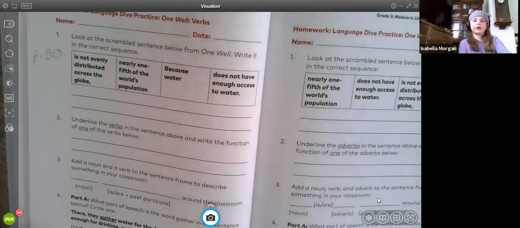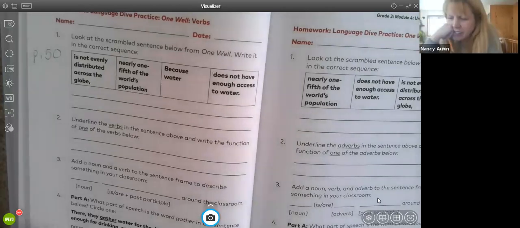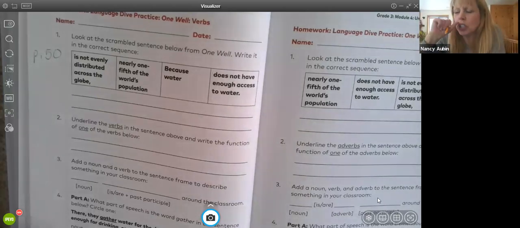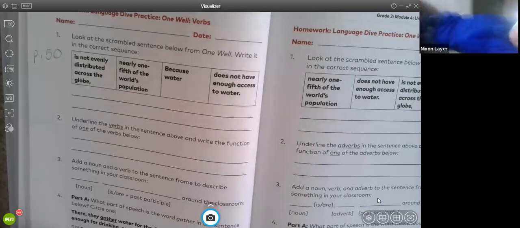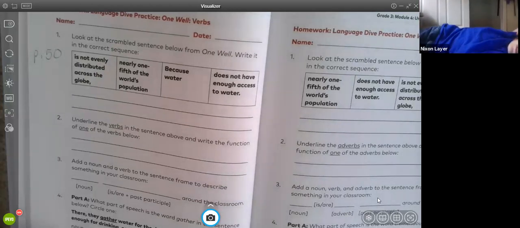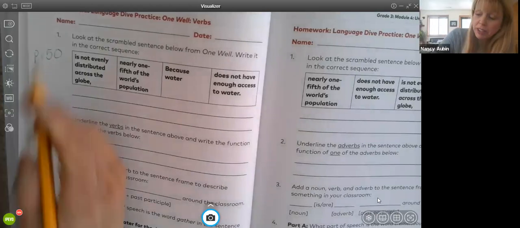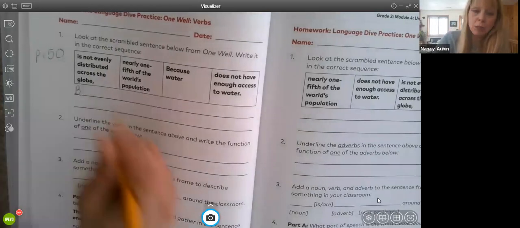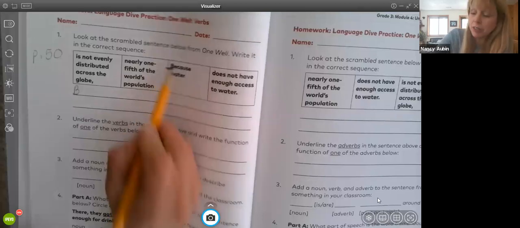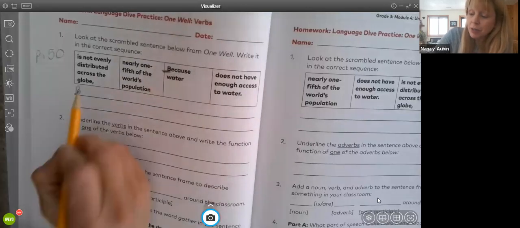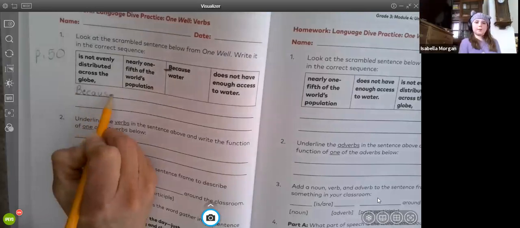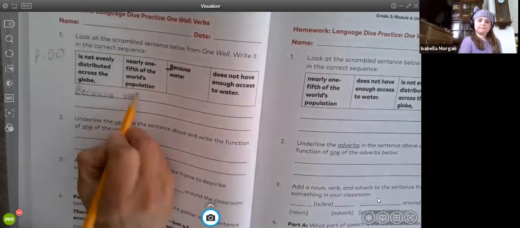Because water is the first one. Usually we don't start with that. Okay. Yeah. Okay. I'm going with it. I see where you're at. And why do you know that? What does it have that we know it has to be because water? It has a capital B. Yep. That's the giveaway.